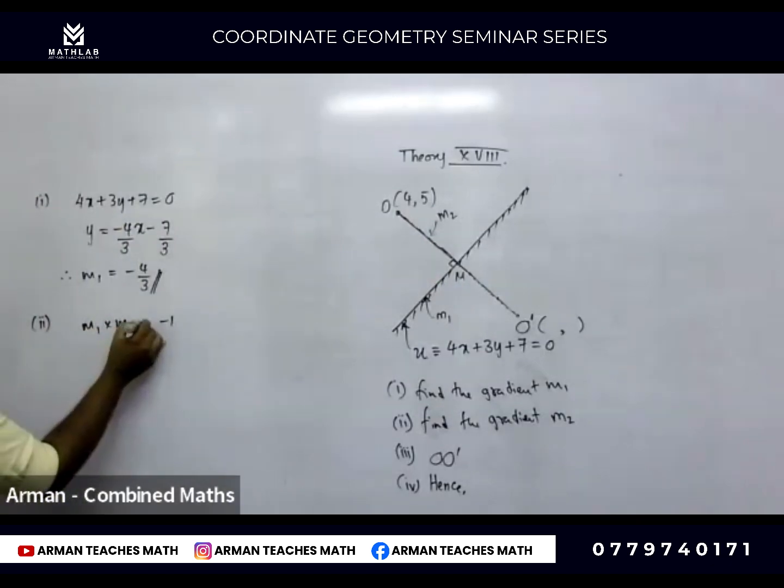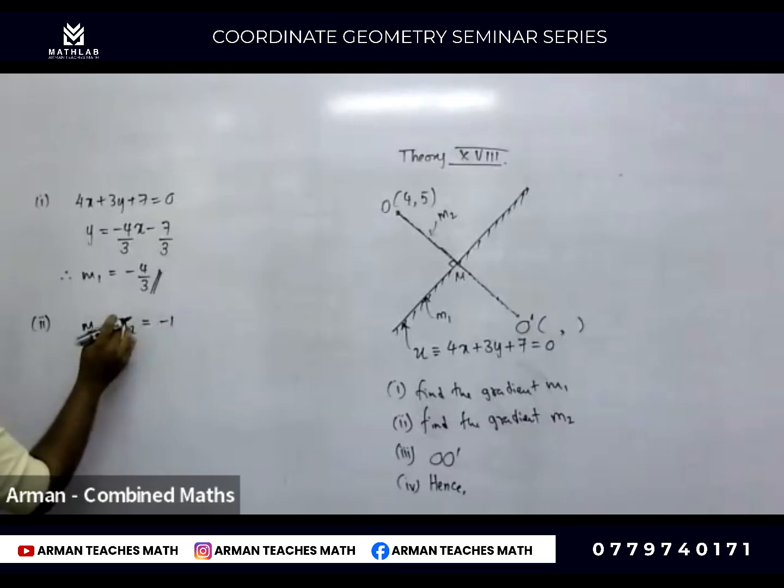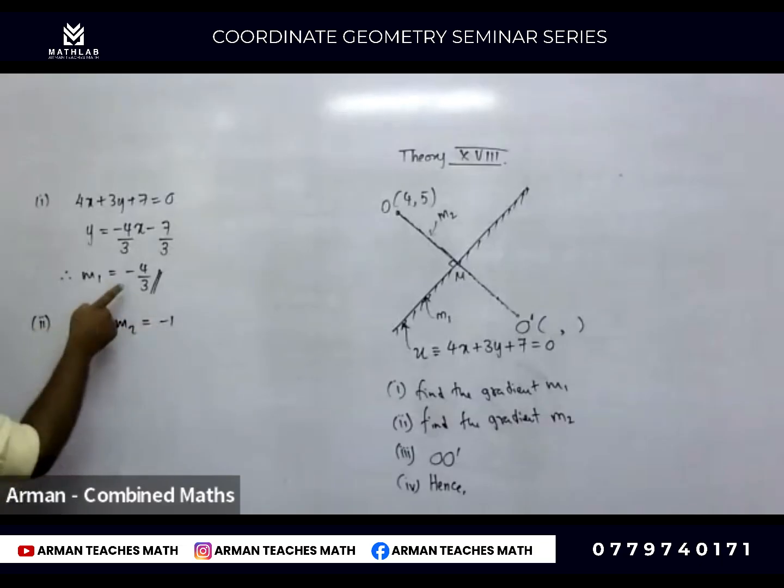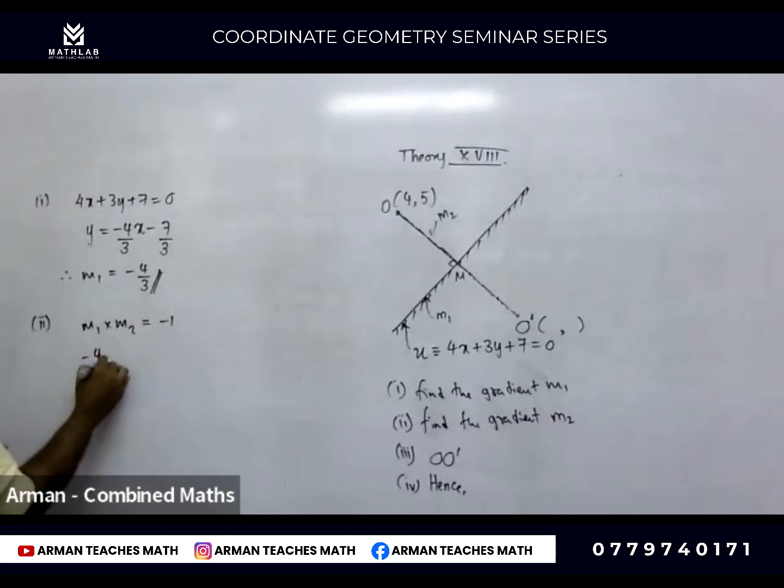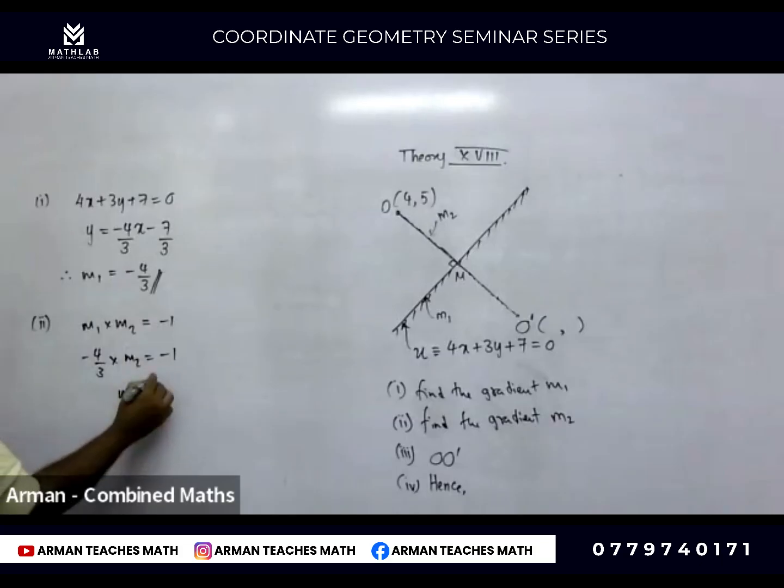If two straight line segments are not parallel to x-axis or y-axis, and if those two are perpendicular to each other, the product of the two gradients is going to be -1. M1 gradient is equals to -4/3 multiplied by M2. This is equals to -1. So M2 is equals to, do the cross multiplication, 3/4. So the gradient M2 is equals to 3/4.